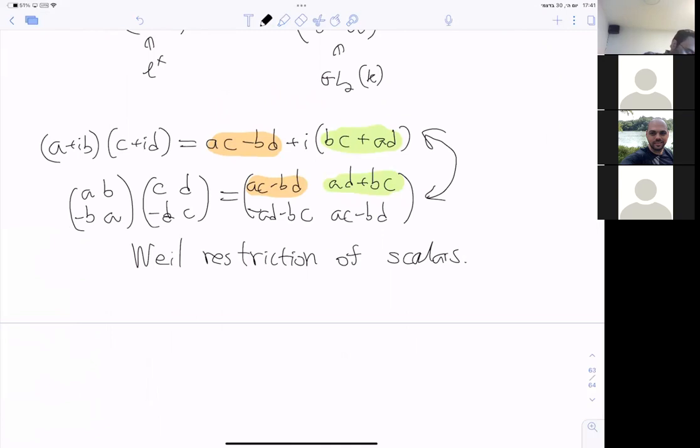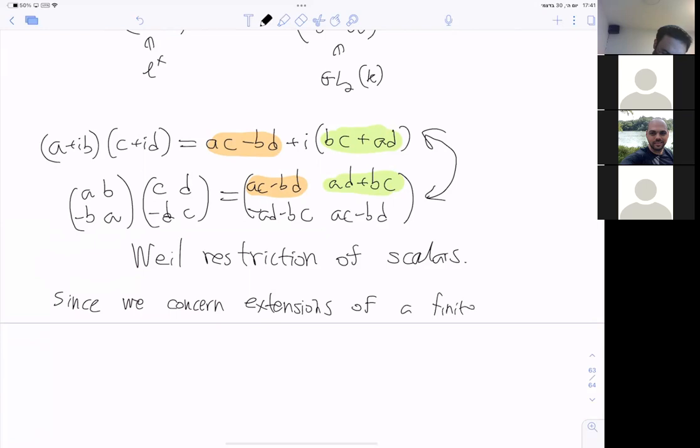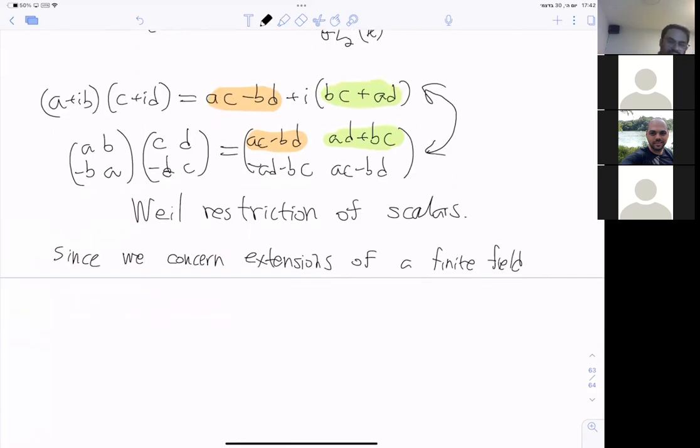I mean, since we are concerned about extensions of a finite field, and a finite field is always perfect.